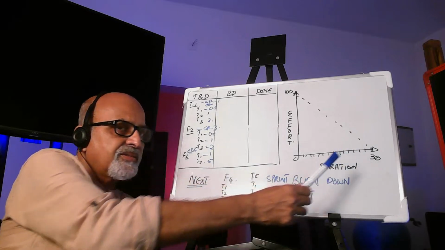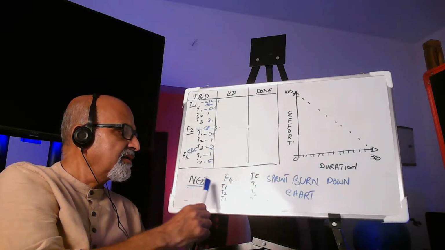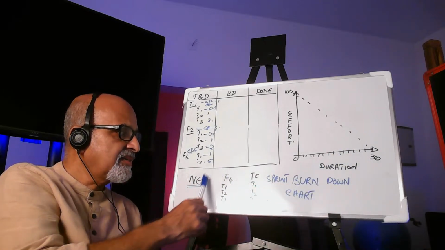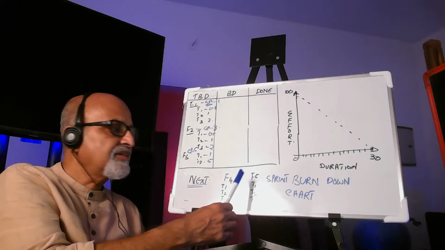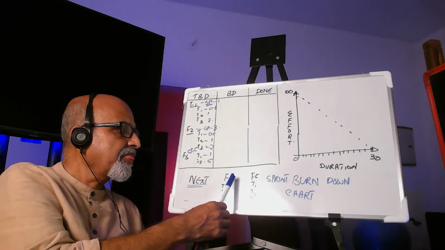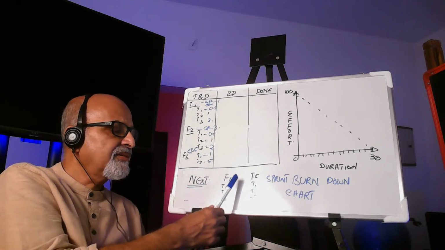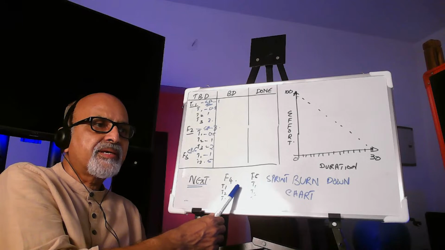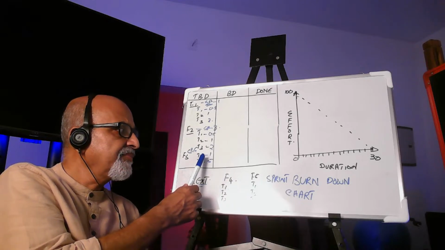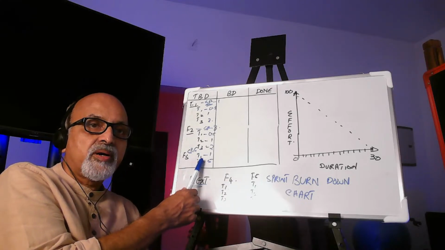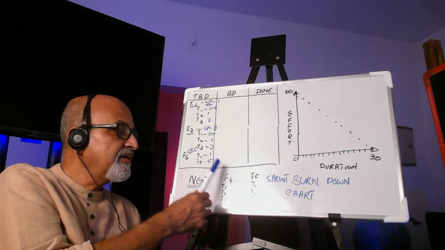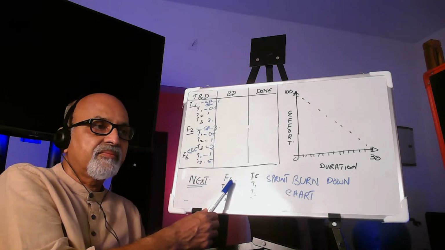Sprint duration is on the x-axis. Then we have a column for next, that means any additional items. This is not mandatory. In case you complete these things ahead of schedule, then you try. Another use case is in case you get stuck with one of these and are unable to proceed, maybe you can try this as well.